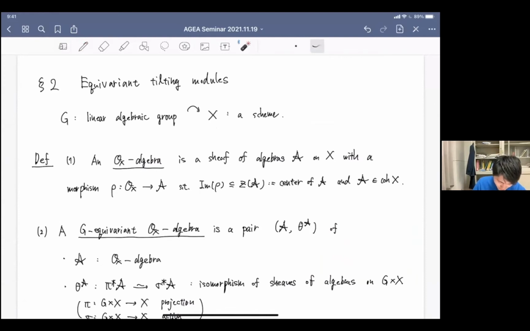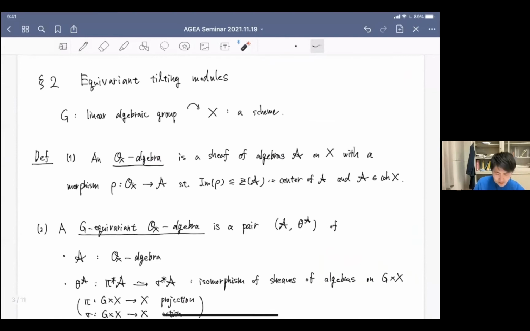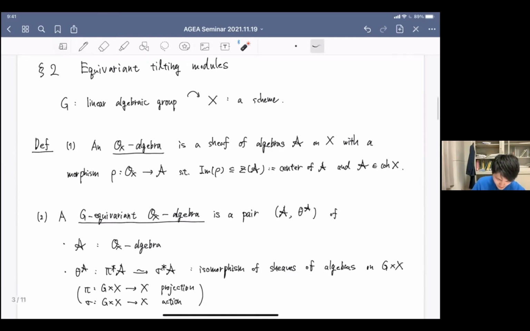So let G be a linear algebraic group acting on some scheme X. Then an OX algebra is a sheaf of algebras A on X with a morphism of sheaves of algebras rho such that its image is in the center of A. And also A can be seen as an OX module, and we require that A is a coherent OX module. This is the definition of OX algebra.